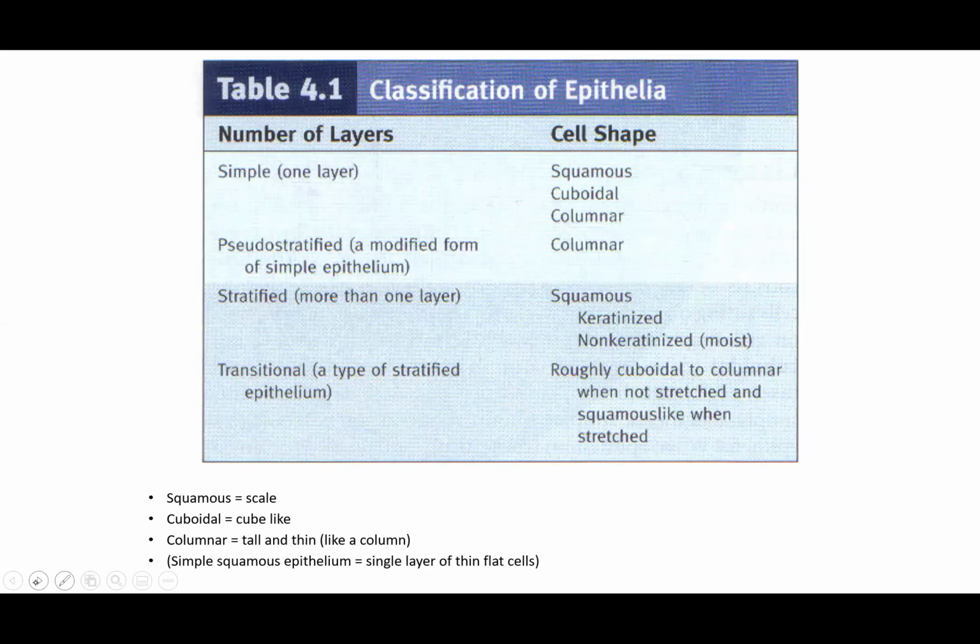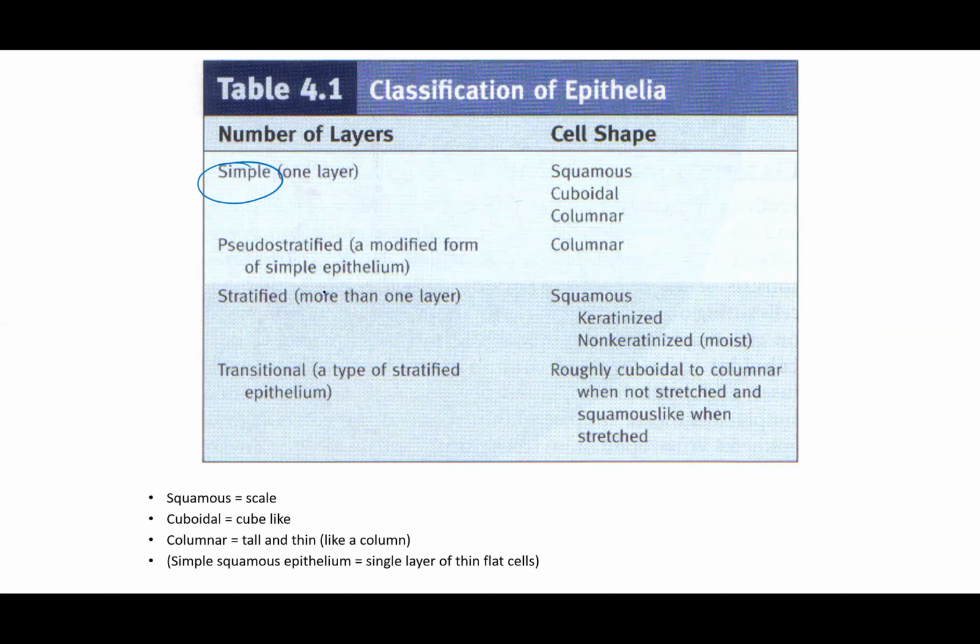In the histology world, we don't say one layer, we say simple. If someone is laying bricks and they only laid one layer of bricks, and I ask you, in histology terms, how many layers of bricks did they lay? You're going to say simple, because it's just one layer.